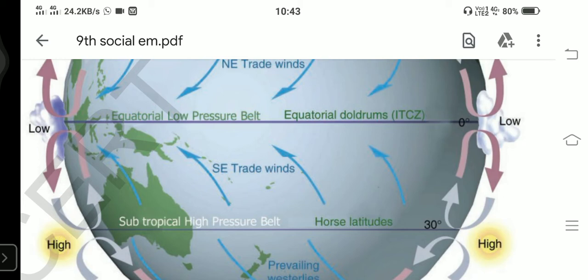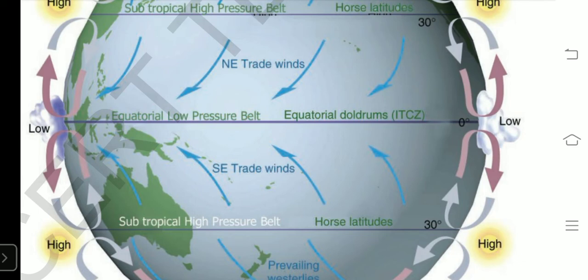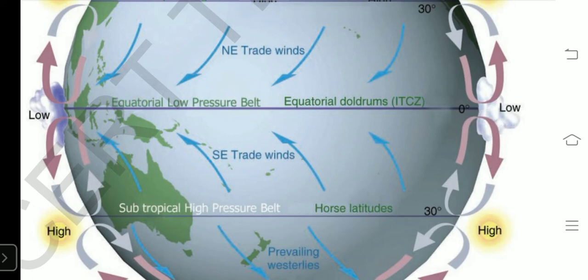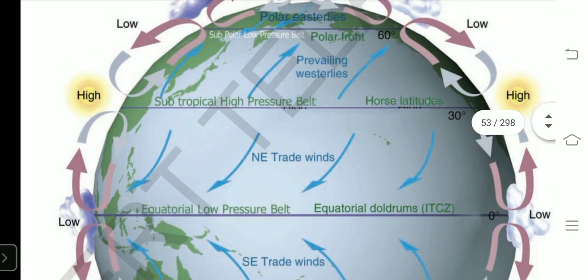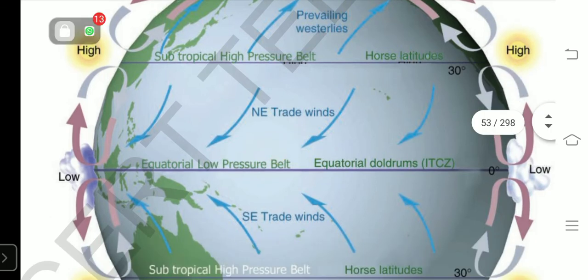So due to the differential heating and cooling of land and sea, there is a formation of monsoons. In summer, listen very carefully, in northwestern India, that is in Rajasthan, there develops a low pressure belt.